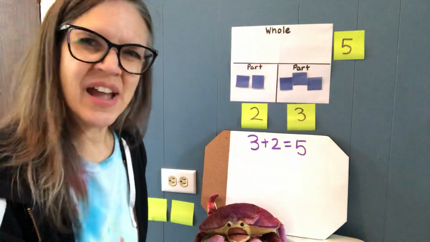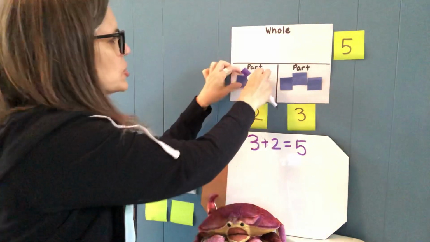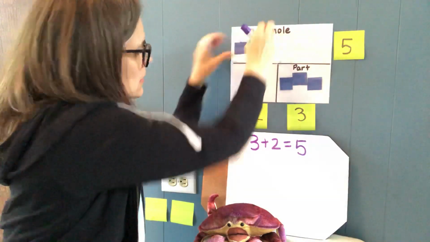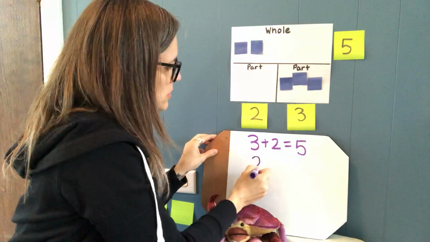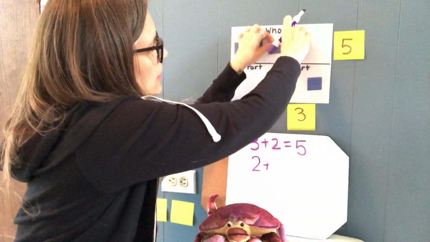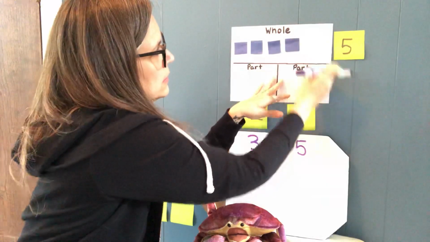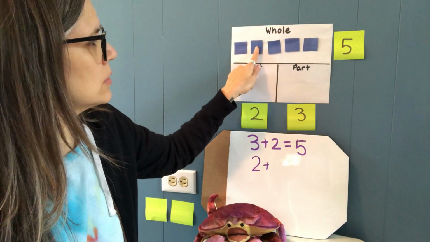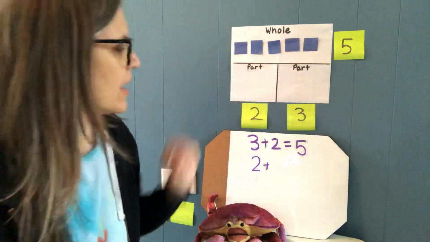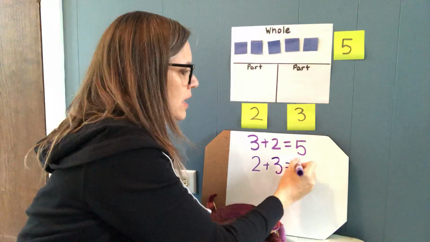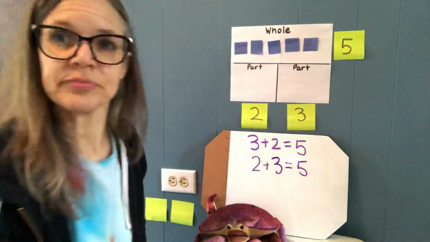Is that still 5? Let's check. We had the 2, right? We had the 2 plus, we'll put our 3 back in here. 1, 2, 3, 4, 5. So 2 plus 3, that also equals 5.